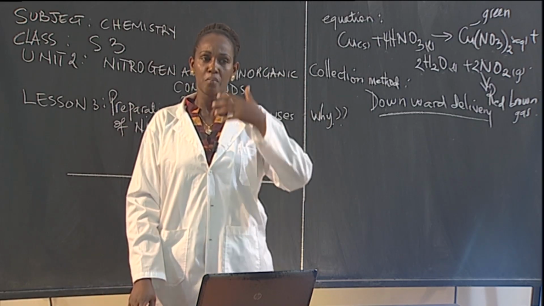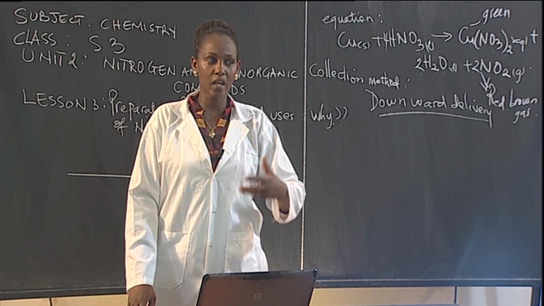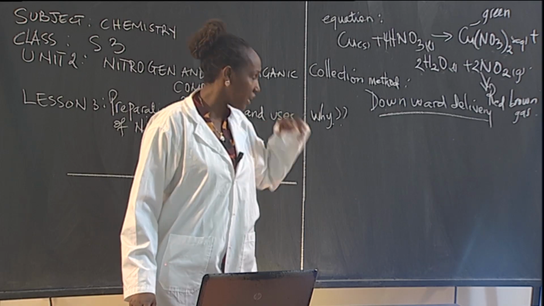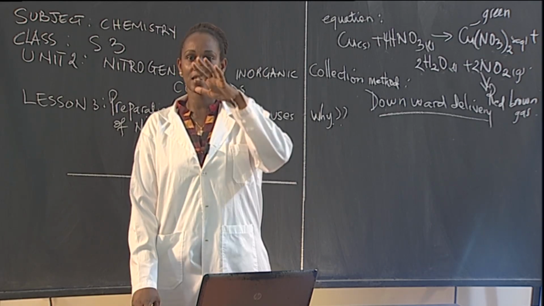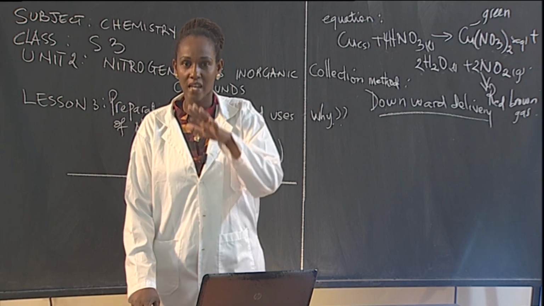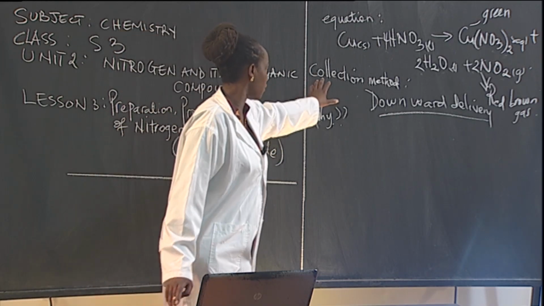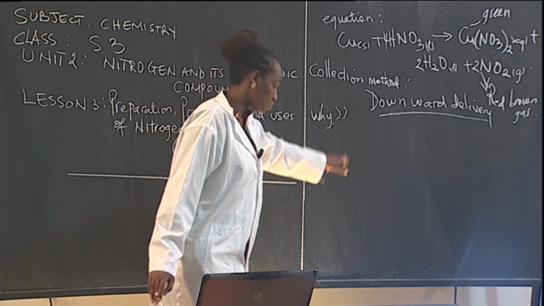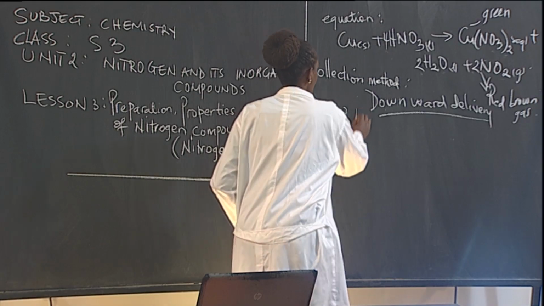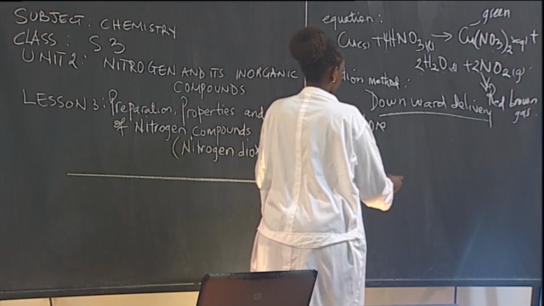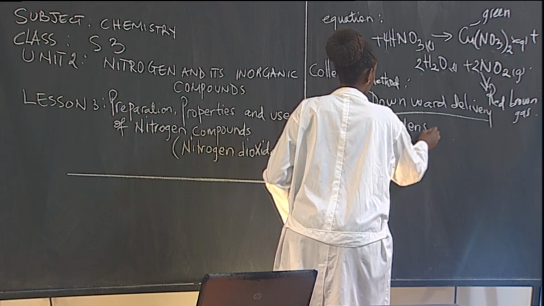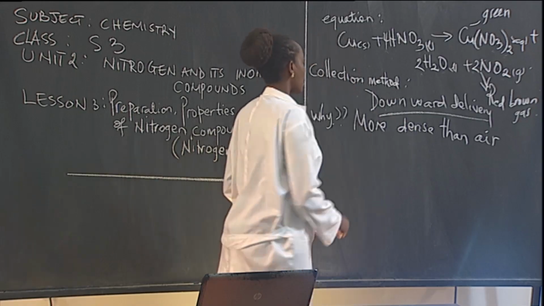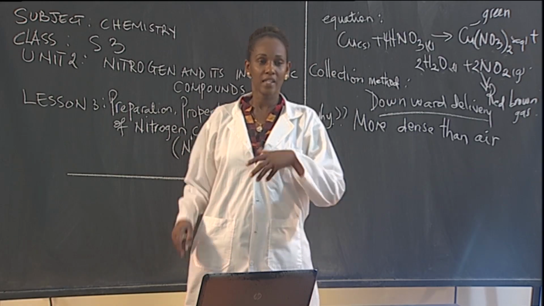When we are talking about methods of collection, when something is collected by downward delivery, it means it's more dense than air. So nitrogen dioxide, for this case, is more dense than air. That's why it's collected by downward delivery.